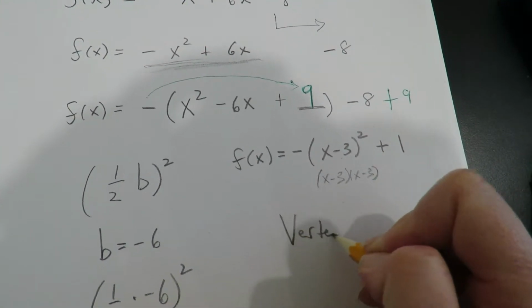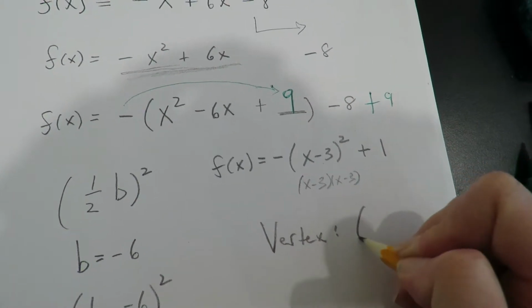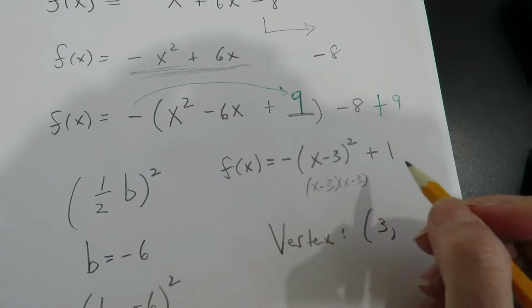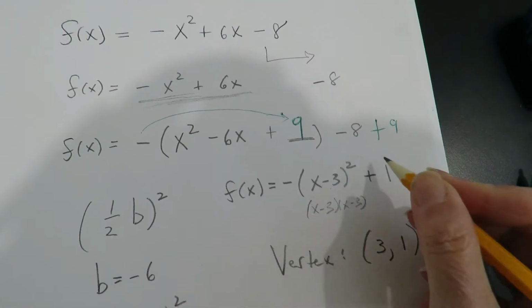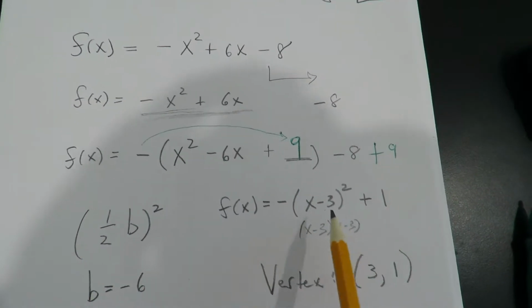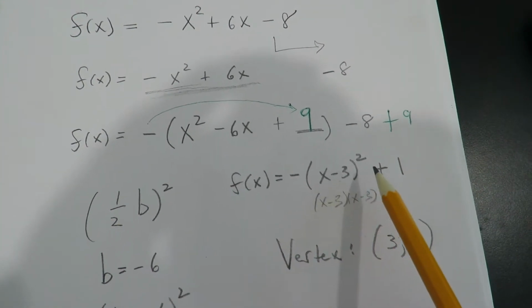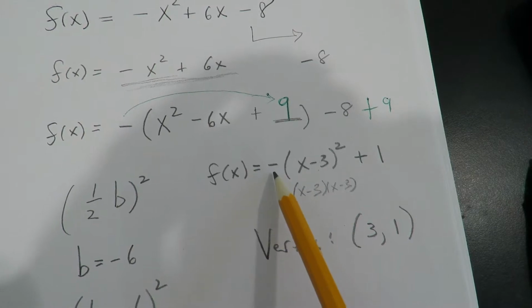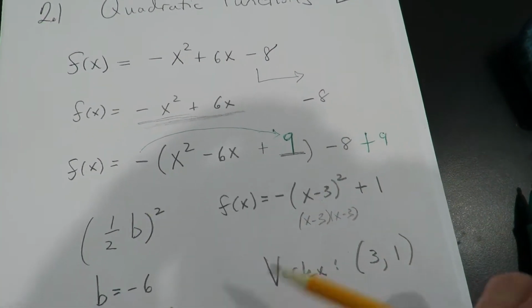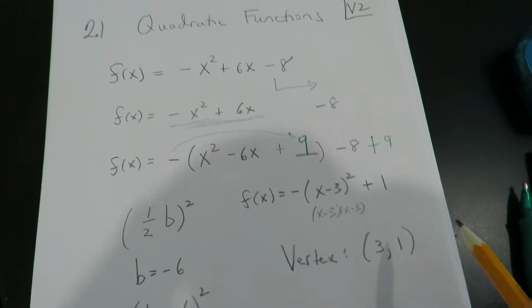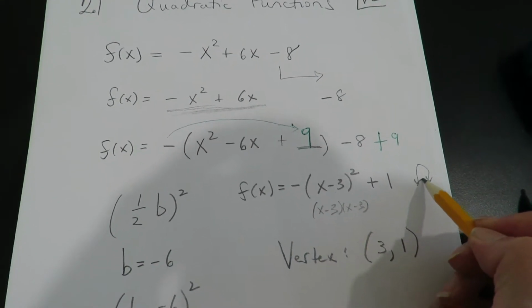All right, so the vertex of this is going to be opposite of the inside, always opposite of the inside, same sign as the outside. So this graph is pushed to the right and up, and this negative is making it reflect over the x-axis. So it's upside down, it's frowning. This graph is having a rough morning, okay?